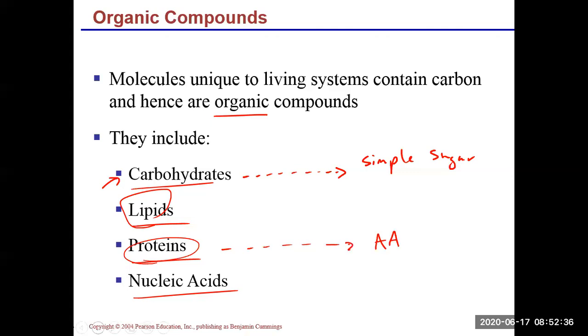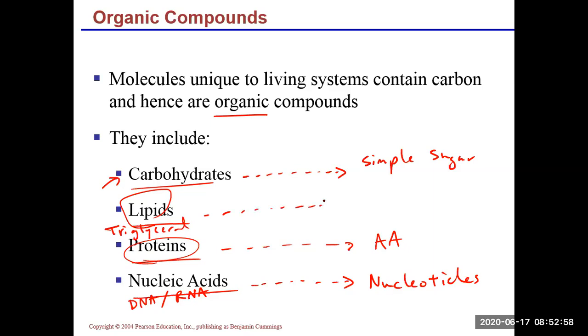And nucleic acids, pretend that this is DNA and RNA. These are our genetic material, and that can break down into nucleotides. And the lipid, most of the time triglycerol, again breaks down into free fatty acids and a glycerol molecule.